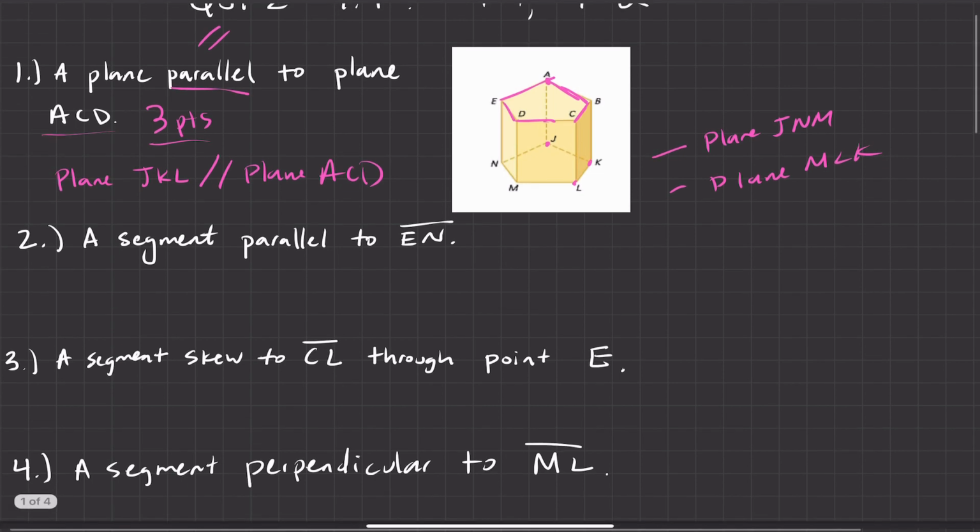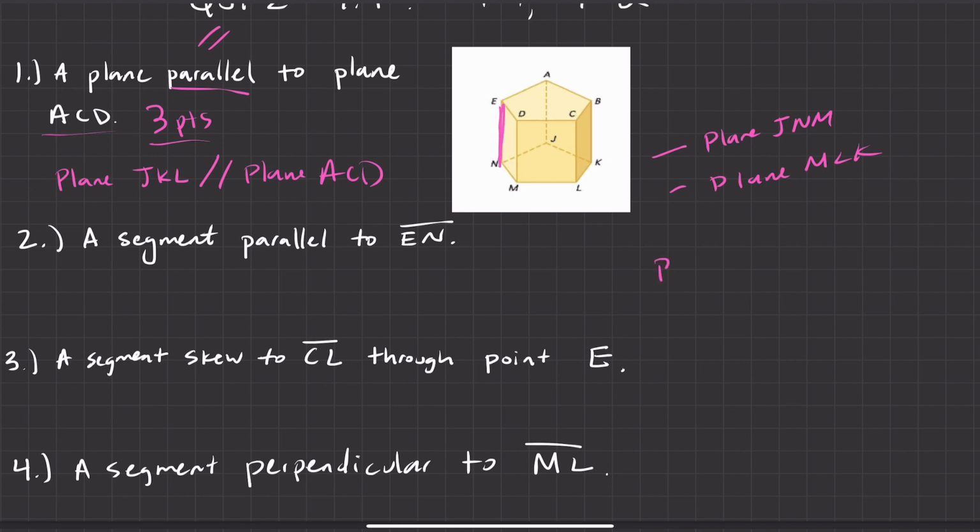Number 2, a segment parallel to segment EN. So your answer needs to be a segment, of course. And segment EN, I'm going to go ahead and erase this. Segment EN is right here. Okay?